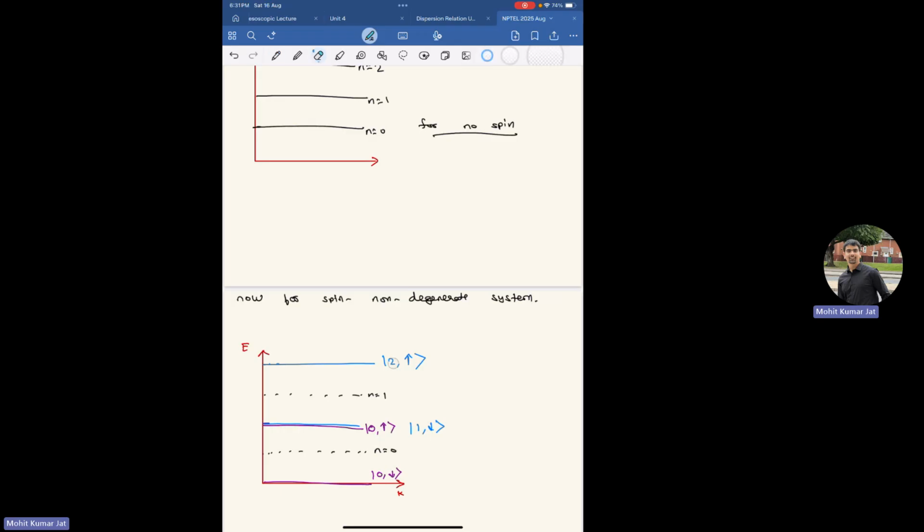And n equals 1 with spin up, essentially. So what do you see here? The gap between these levels always remains h bar omega c, and this state, n equals 0 with spin up, and n equals 1 with spin down, have the same energy.